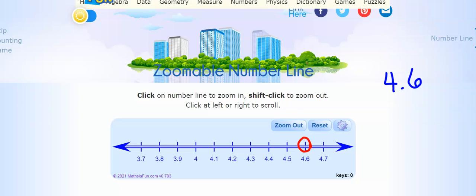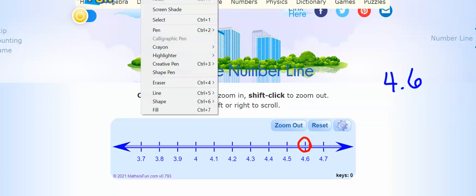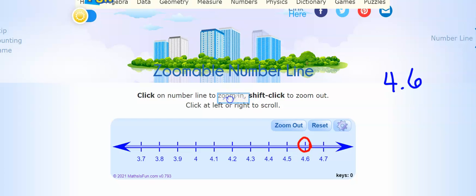Now, where would this number be on the number line? This is 3 and 8/10.